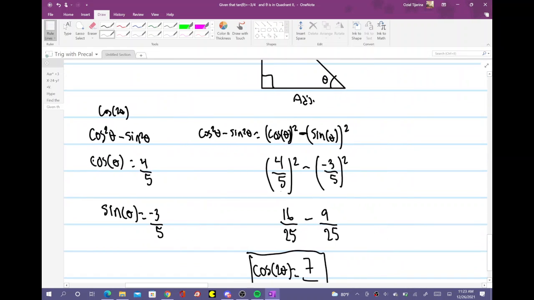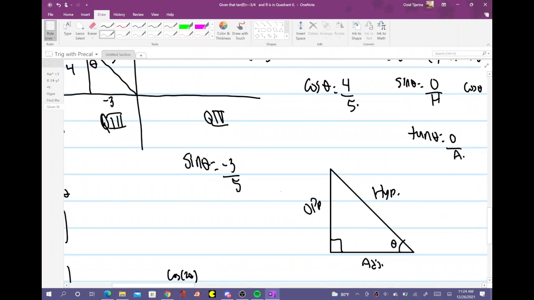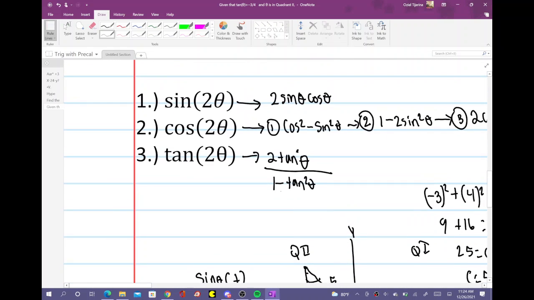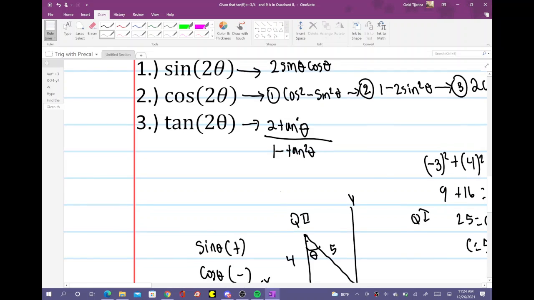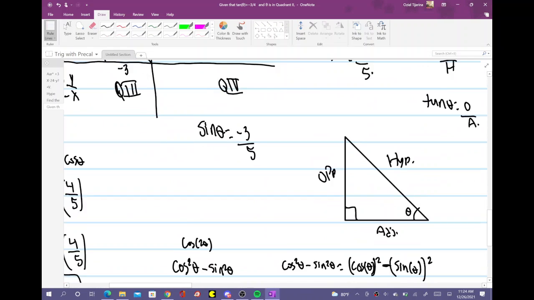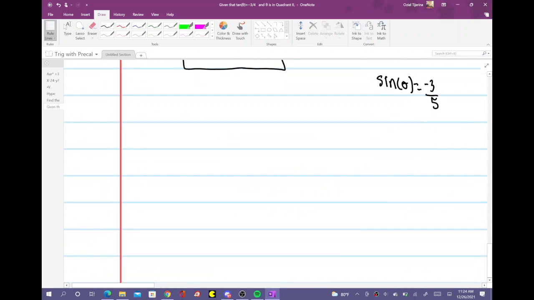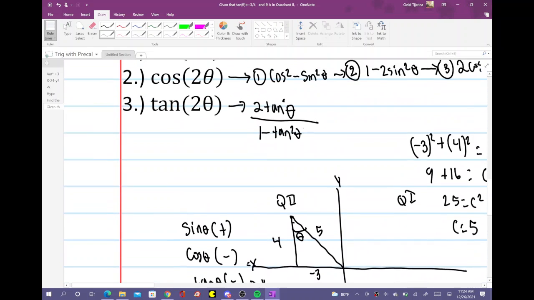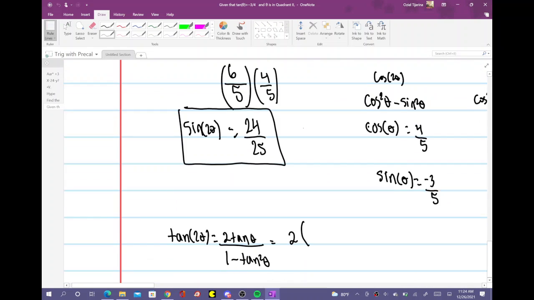So now what about tan of 2 theta? Tan of 2 theta is another one. Tan of 2 theta is 2 tan theta over 1 minus tan squared theta. We are given tan theta, it's -3/4.